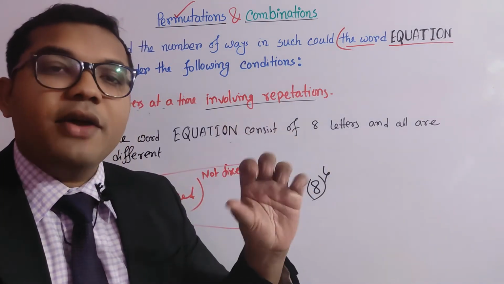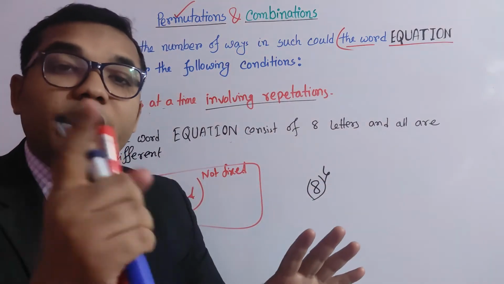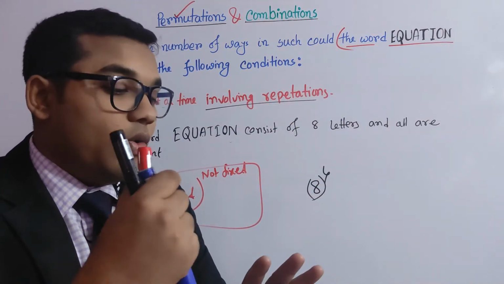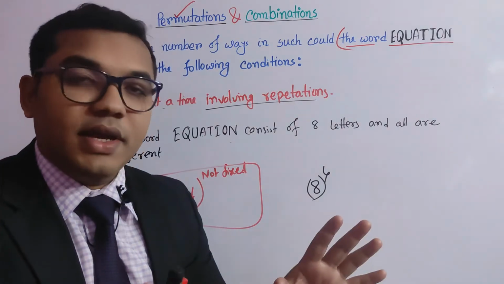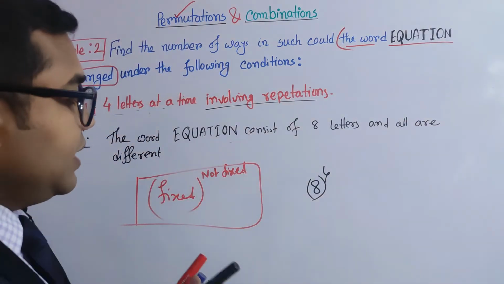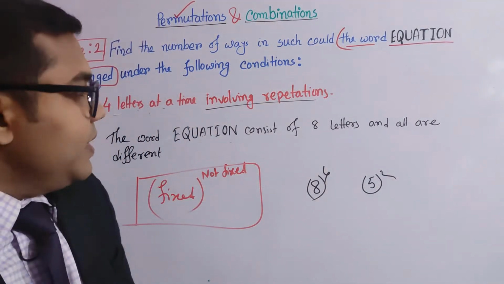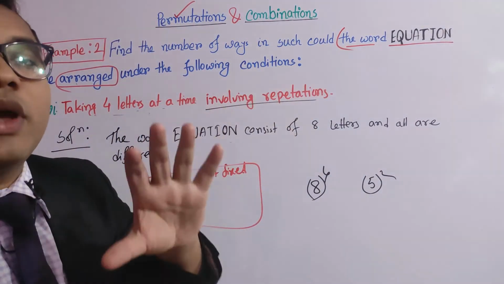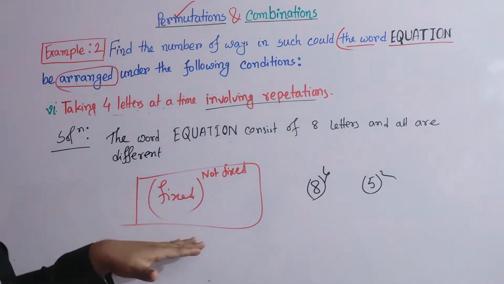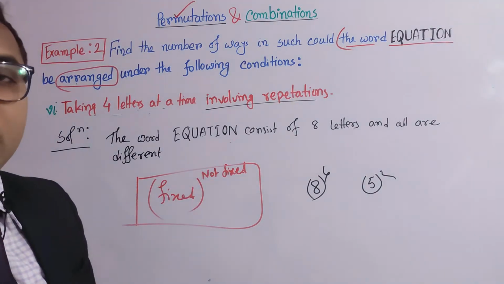Here our 5 fingers are fixed, but the 2 rings are not fixed, or wearing 2 rings on a finger is not fixed. That's why at that time our answer should be 5 to the power 2. Okay, so involving repetitions, if we have, then we can go for this formula, that is fixed to the power not fixed.